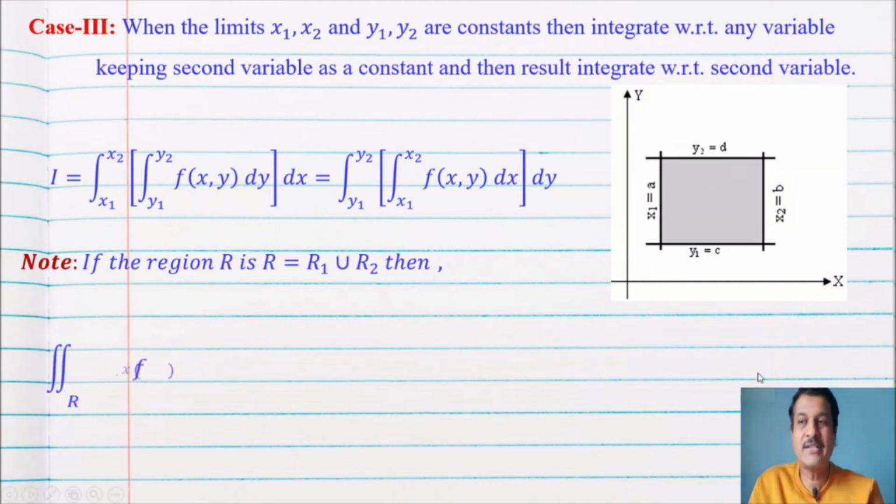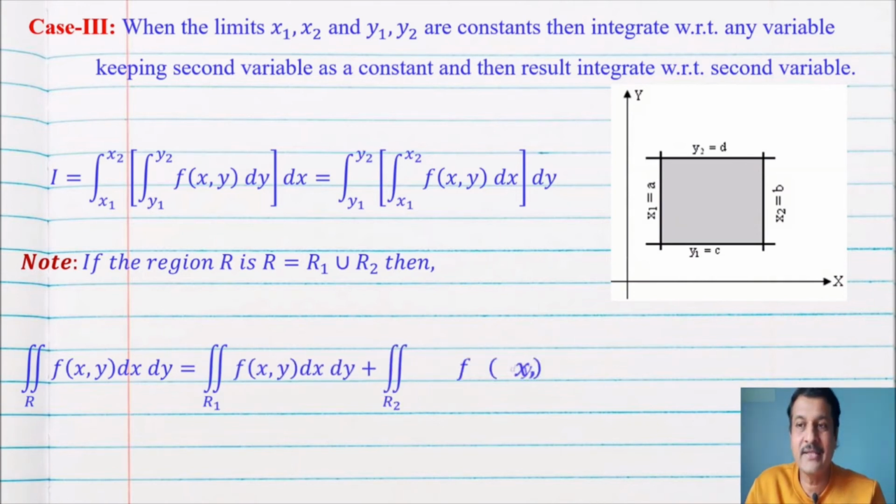You also note that if the region R is R1 union R2, then the double integration of f of xy dx dy over R is equal to the double integration of f of xy dx dy over R1 plus the double integration of f of xy dx dy over R2.